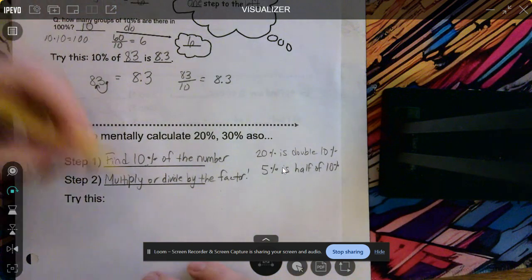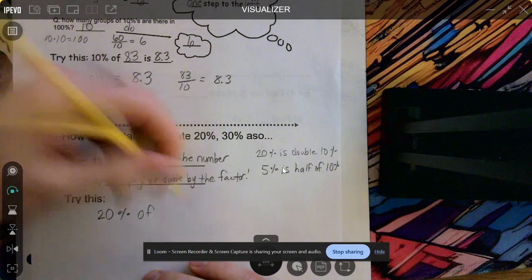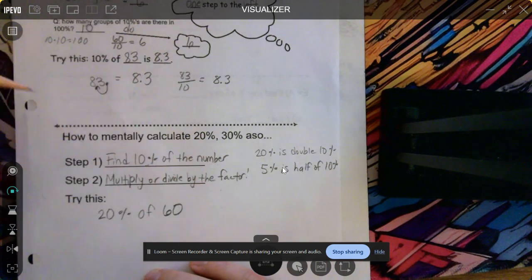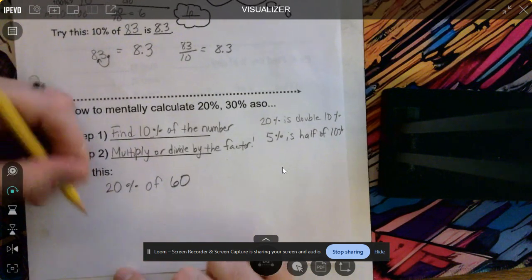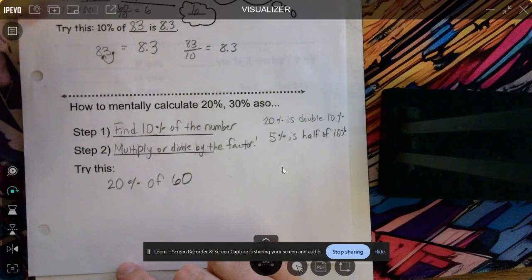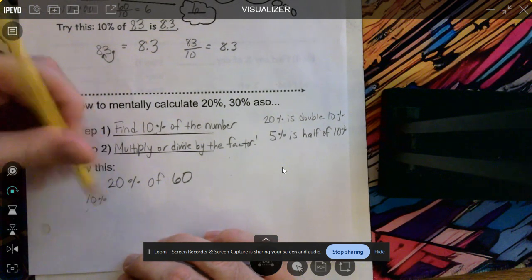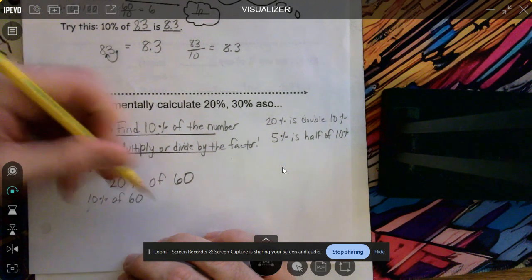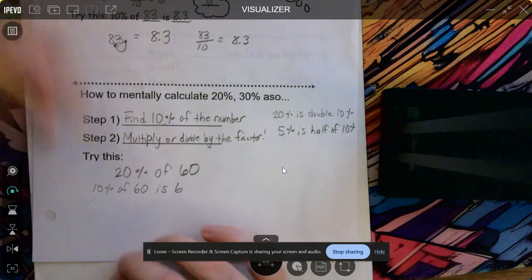So let's try it. Let's find 20% of 60. Well, first step was we need to find 10%. So go ahead and pause the video. Try to find 10% of 60, which you already should see from the first problem. We already know the answer. 10% of 60 is 6, right?